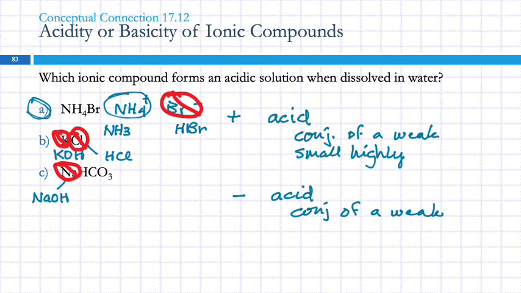And we have HCO3- is related to H2CO3. This is a weak acid. So this is going to act as a weak base. Is that solution going to be acidic? No. Any questions?